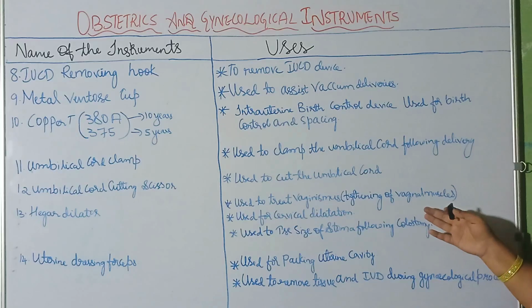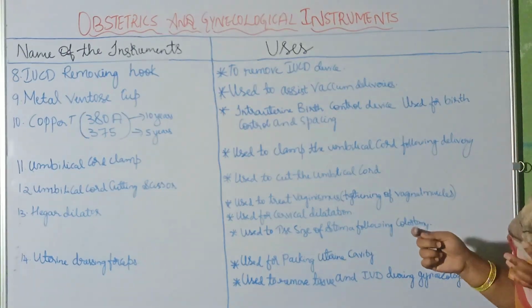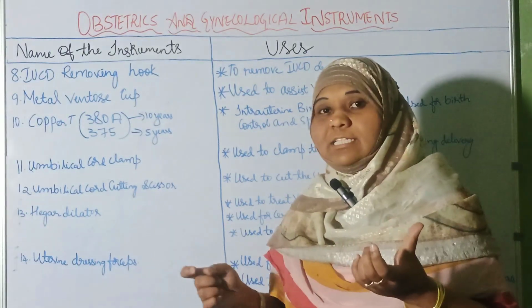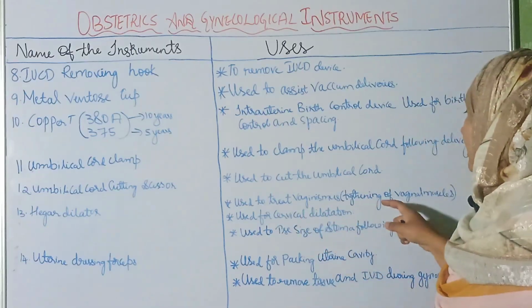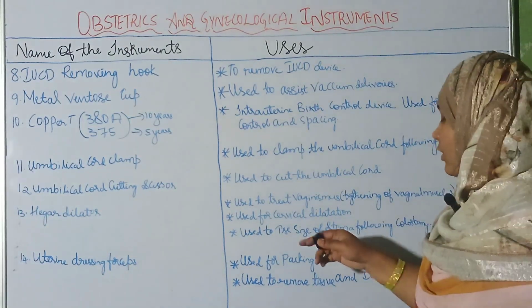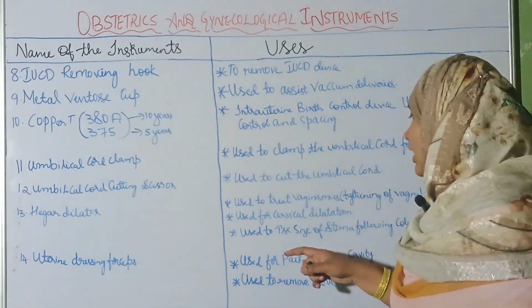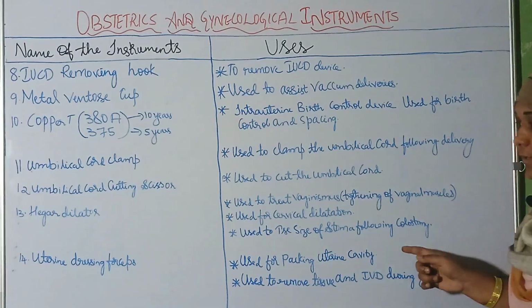It is nothing but the tightening of the vaginal muscle. When the dilator is inserted, it helps in loosening the vaginal muscles, and dilators come in various sizes. It is also used for cervical dilatation, and to increase the size of the stoma following colostomy.